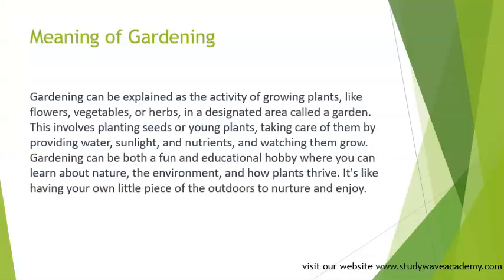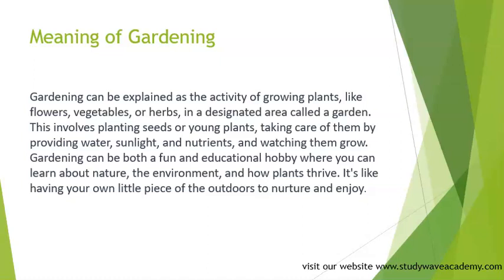So, what do we mean by gardening? Gardening can be explained as the activity of growing plants like flowers, vegetables, or herbs in a designated area called a garden. This involves planting seeds or young plants, taking care of them by providing water, sunlight, nutrients, and watching them grow.